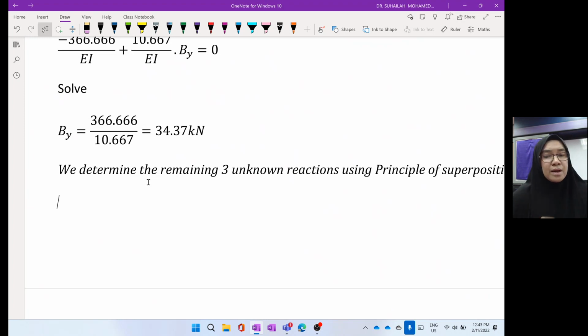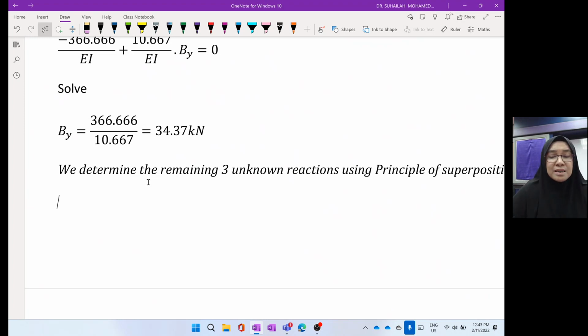Okay, we determine the remaining 3 unknown reactions using the principle of superposition as the option besides using the equilibrium equation. Because when we have, for example, more structures with more loading, the steps to get the reactions become long. So instead of using that, we choose to use the principle of superposition.